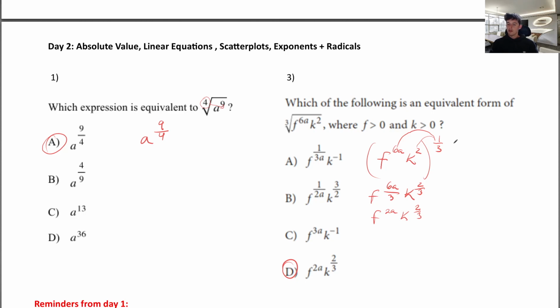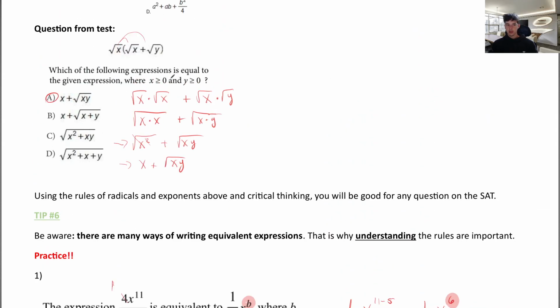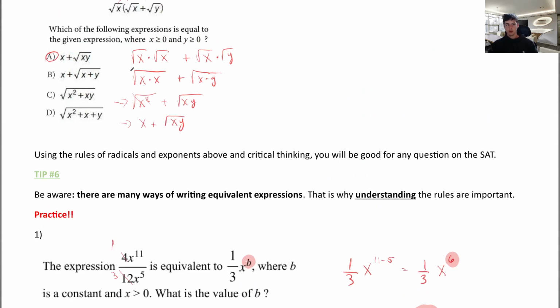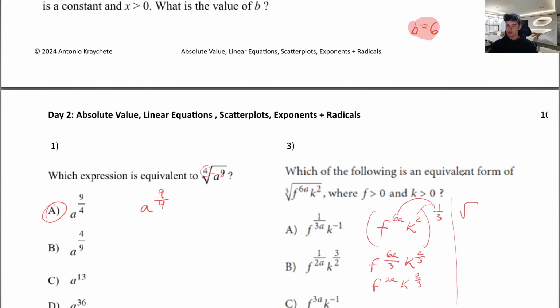Alrighty. Another way of approaching this would be to just put them in different rules. So, for example, this is the same way in here that we could combine the roots. If the roots are the same on this problem, we can also just break down the root.